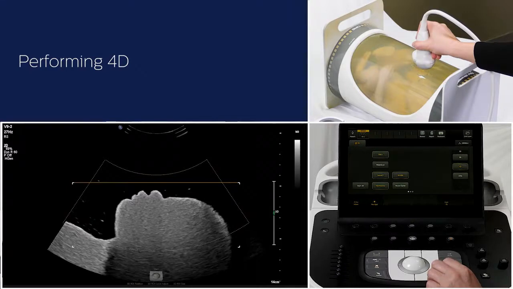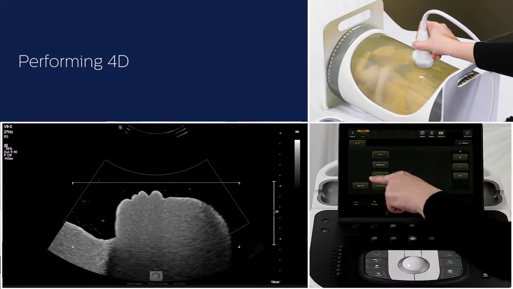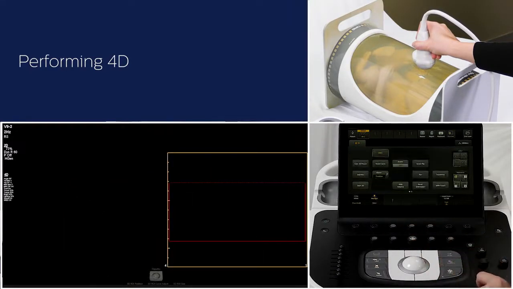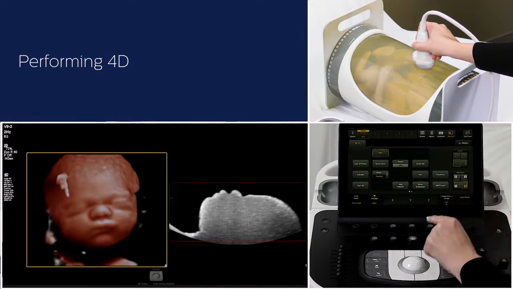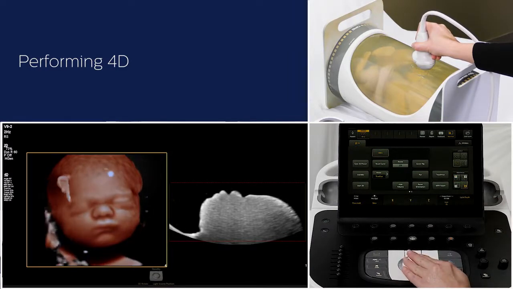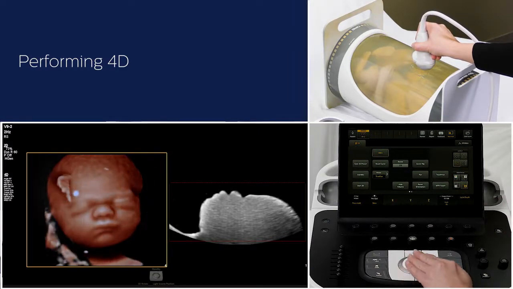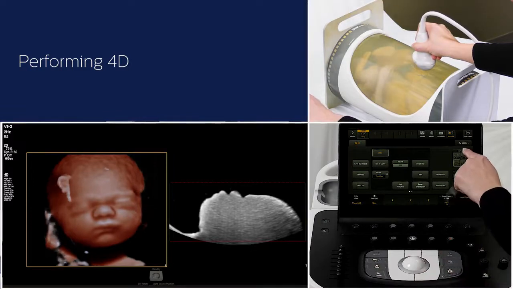Keep the transducer still and press Start 3D or the middle button above the trackball. The live volume image appears on the left side. To adjust the position of the light source with the trackball, select the volume image number 4 on the touchscreen or select a 1-up to display the 4D image only.